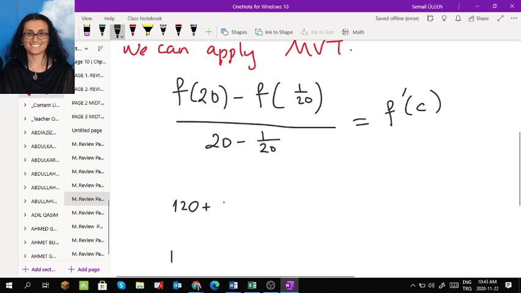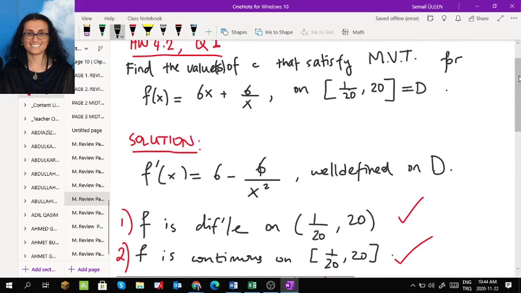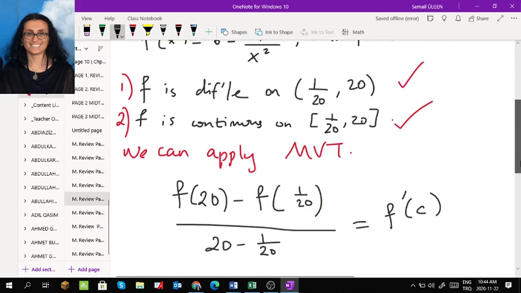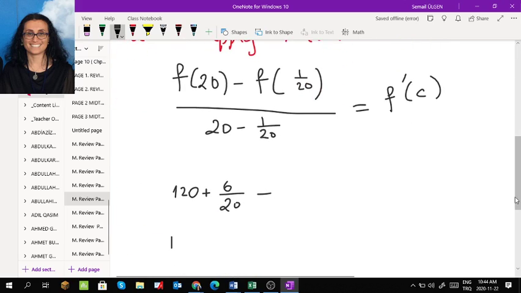If you use 1 over 20 instead, you get 6 over 20 plus 120 as well. It's symmetric, since 1 over 20 is just the reciprocal. So the difference is 0.